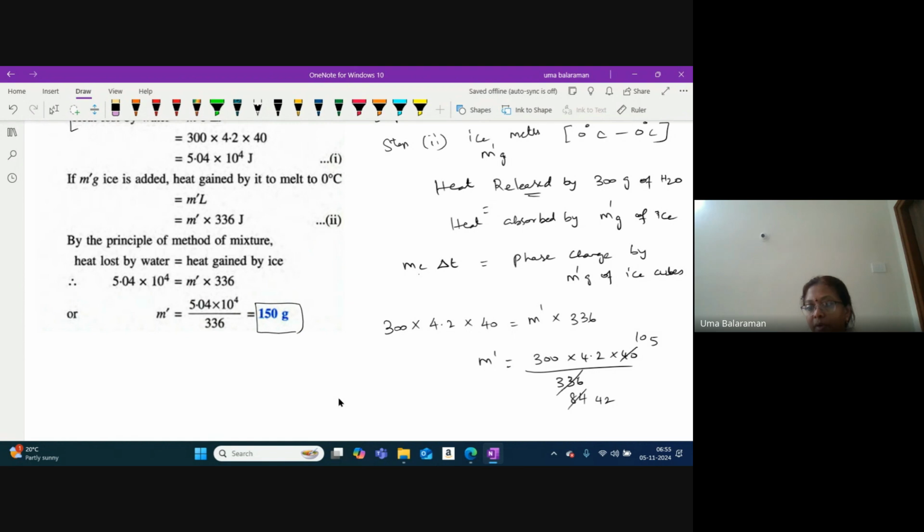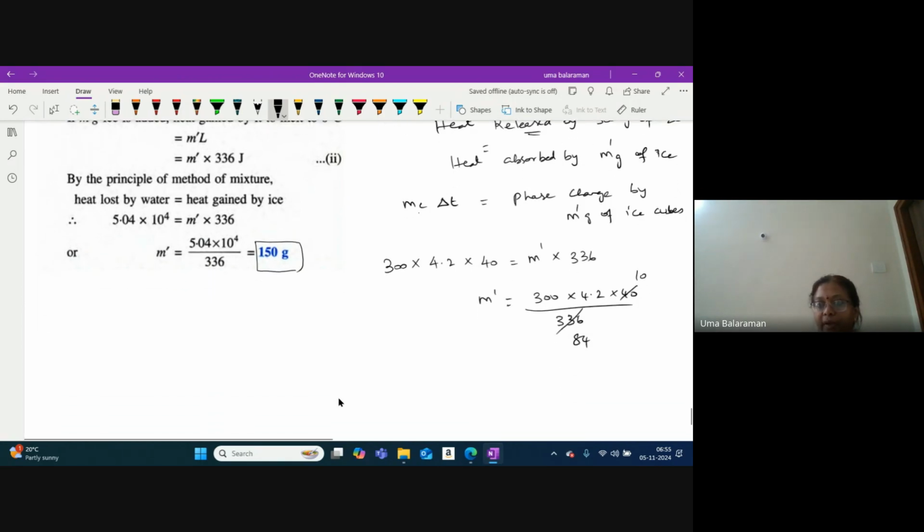Or I can convert 4.2 into 10 is 42. So m dash is equal to 300 into 42 by 84. So this becomes 2, this becomes 150. 150 grams of ice cubes is taken. Just by adding the ice cube, it completely melted.